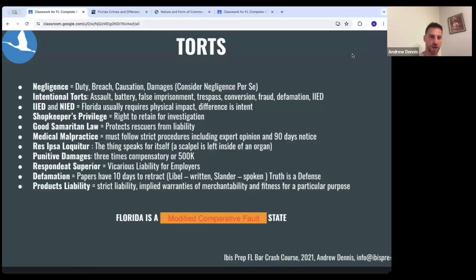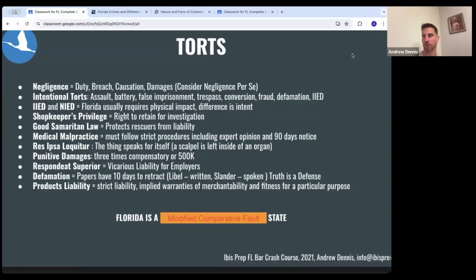So IED versus NIED, the difference is intent. Florida usually requires a physical impact. Florida does recognize the impact rule, but they've abrogated it, I would say is one word. They've curtailed it, meaning that you don't always need to have a physical impact for NIED, but just kind of argue the bystander rule, that they're a party that's a relative and they witnessed it and they're in the zone of danger.